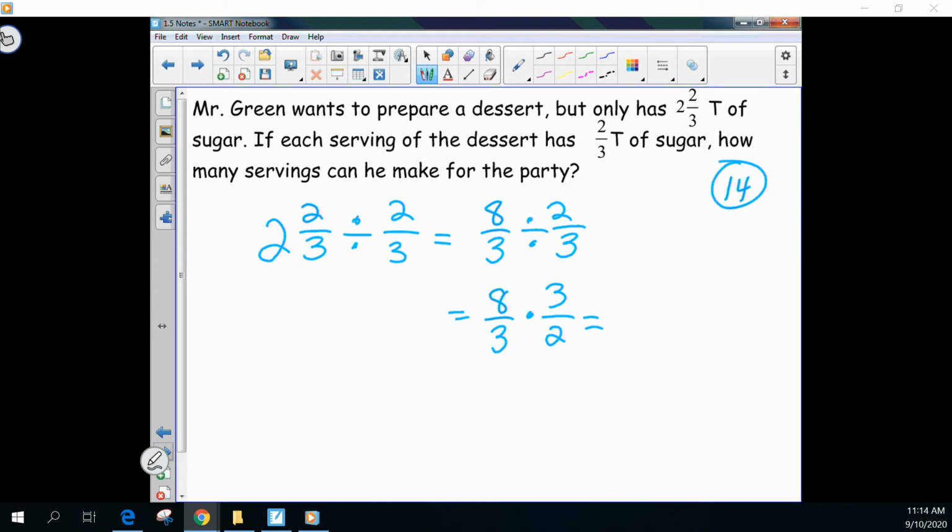So let's go through and multiply. 8 times 3 is 24, over 3 times 2 is 6. Now we have an improper fraction that we need to convert. 6 goes into 24 4 whole times with no remainder. And then we need to label it. So we're talking about servings here. So it looks like you can make 4 servings of this dessert.